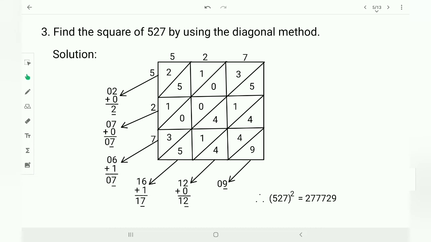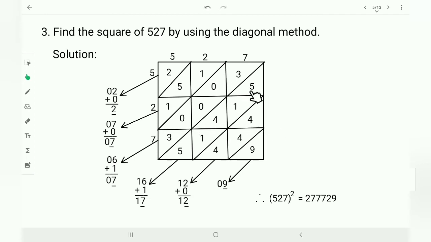You can see whatever you have done for a 2 digits number, the same process you have to do here. Only the number of small squares is increased. So this bigger square you have to divide into 3 parts, vertically and horizontally.